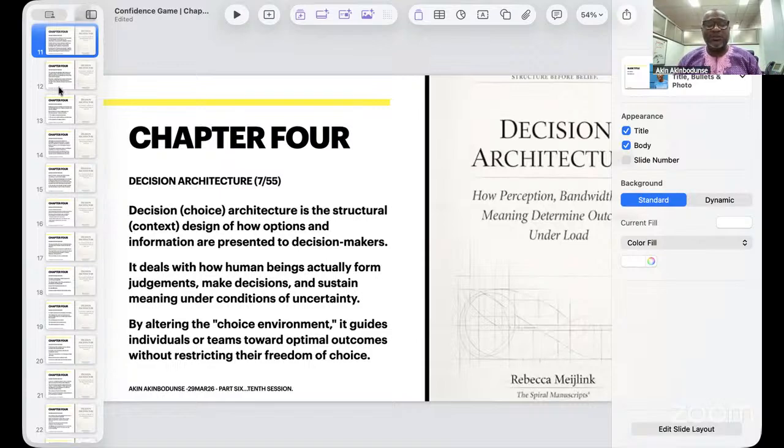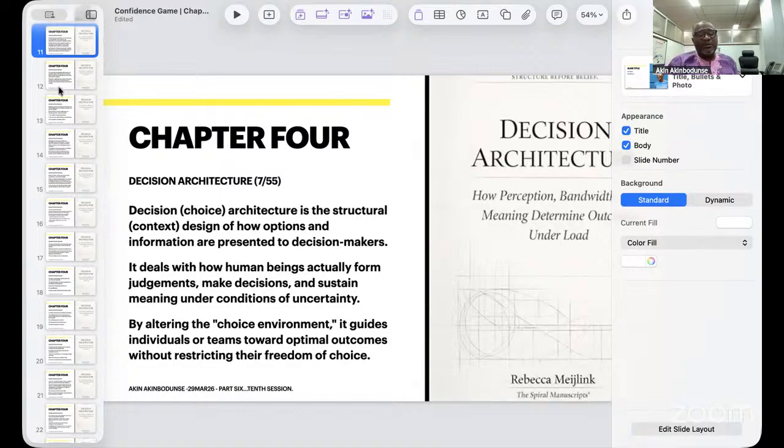Just like a con artist would do it in reverse, it can be done in the right way to help the decision makers make a mutually, optimally beneficial decision, right? That's the whole idea of decision architecture, right?